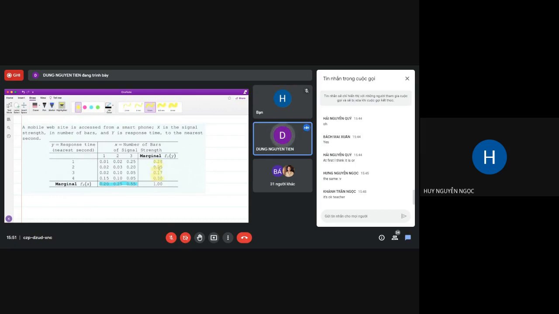The column we call the marginal distribution for y, because it provides the probability mass function for the random variable y, and the last row gives you the probability mass function for x, and you call it the marginal distribution for x. Okay, it is okay, right?